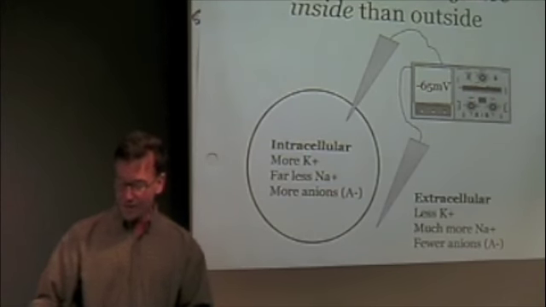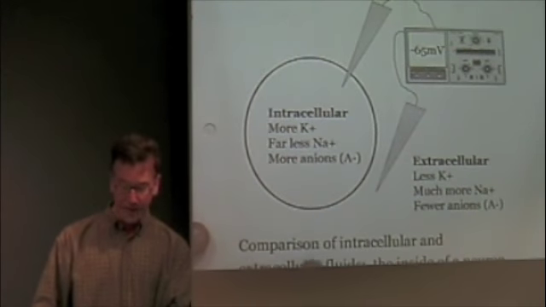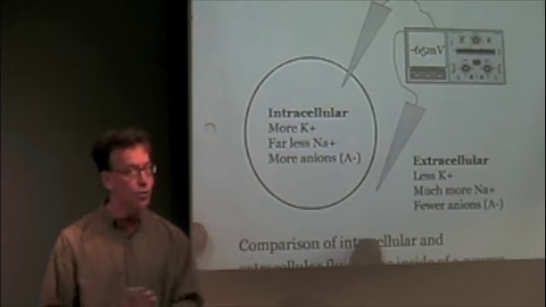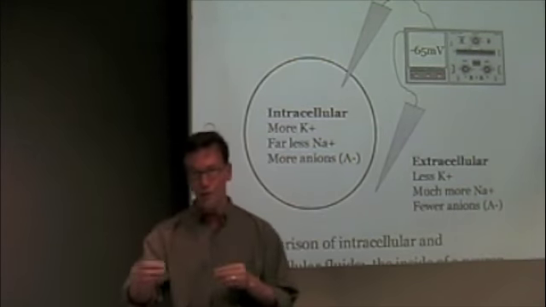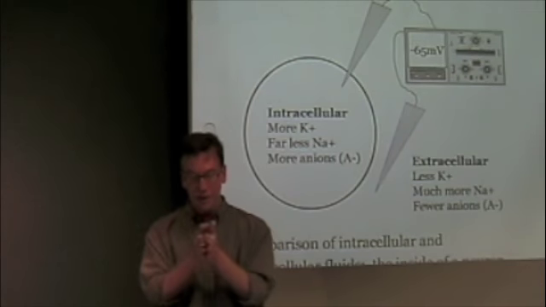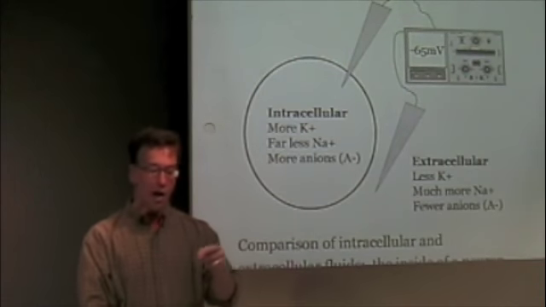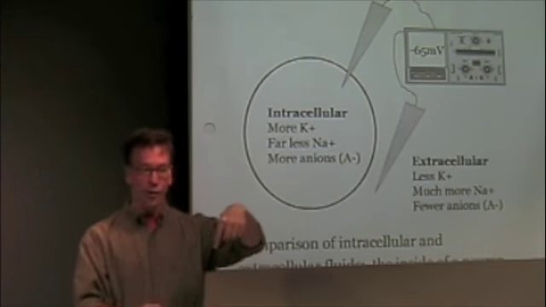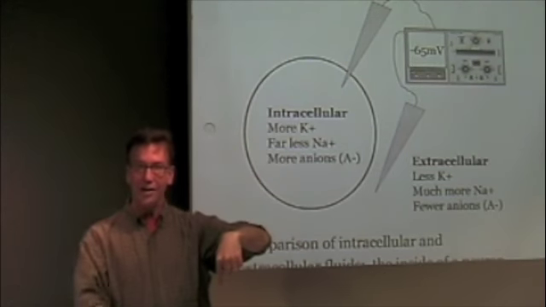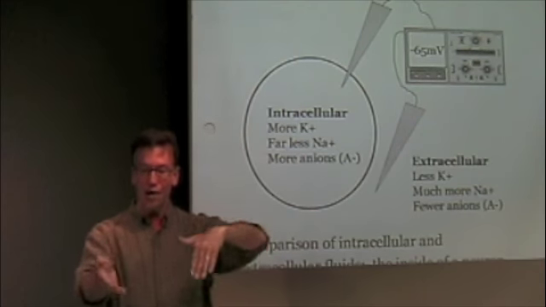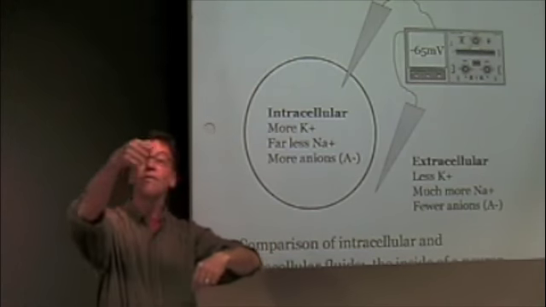So if we were to compare the intracellular and the extracellular fluid, and we could do this, if you have a separation of charge, a difference in charge so that the inside is more negative than the outside, if you introduce a conductor into the cell and have the other end of the conductor on the outside of the cell, that difference in charge will provoke the flow of a current.